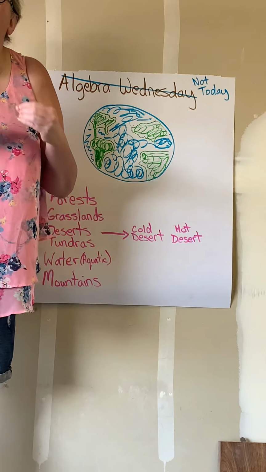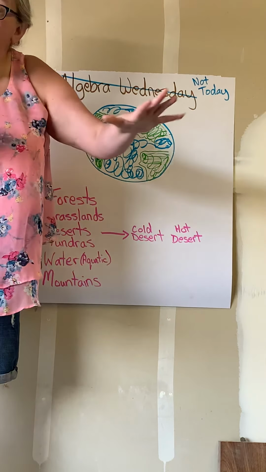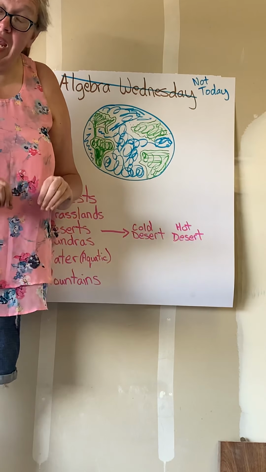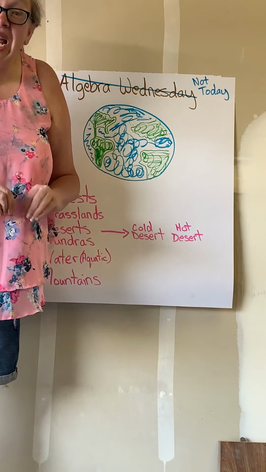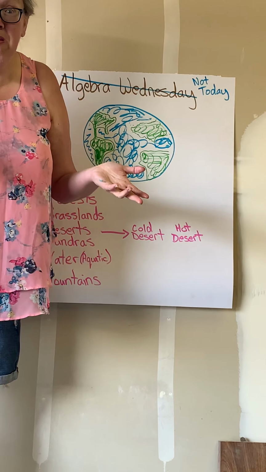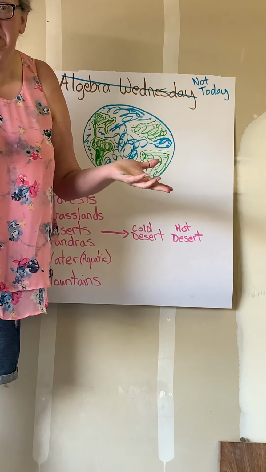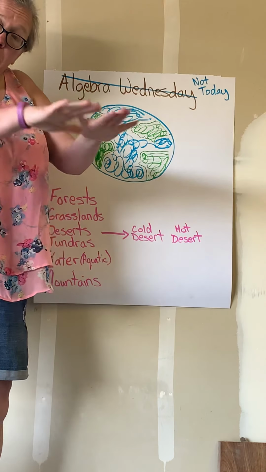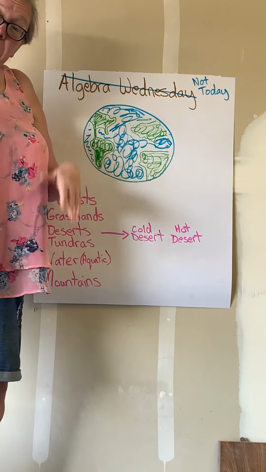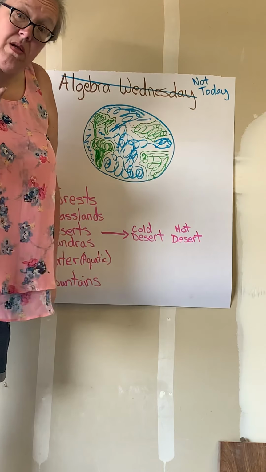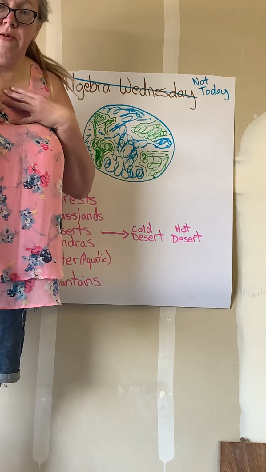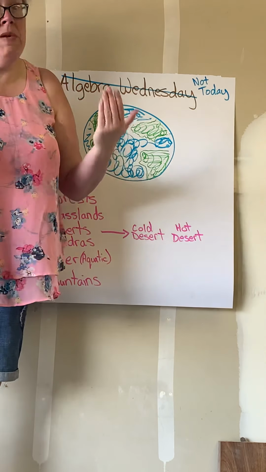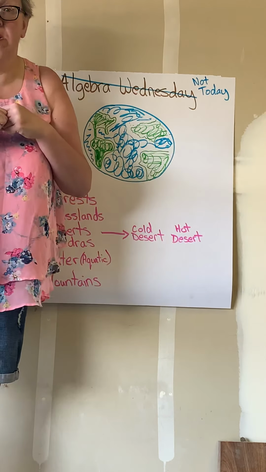Because it's so cold, what little precipitation it gets, what little bit of rain it gets, it doesn't melt, okay? That's why when you see pictures of Antarctica, it's covered in white, but it's still a desert. It's not a desert like we live in. It's not a desert like Las Vegas and Phoenix, Arizona are, but it's still a desert.